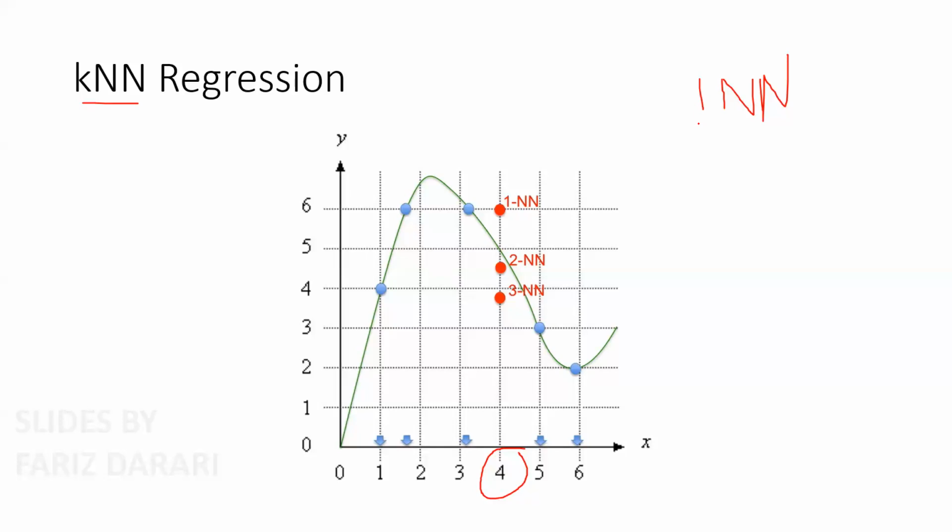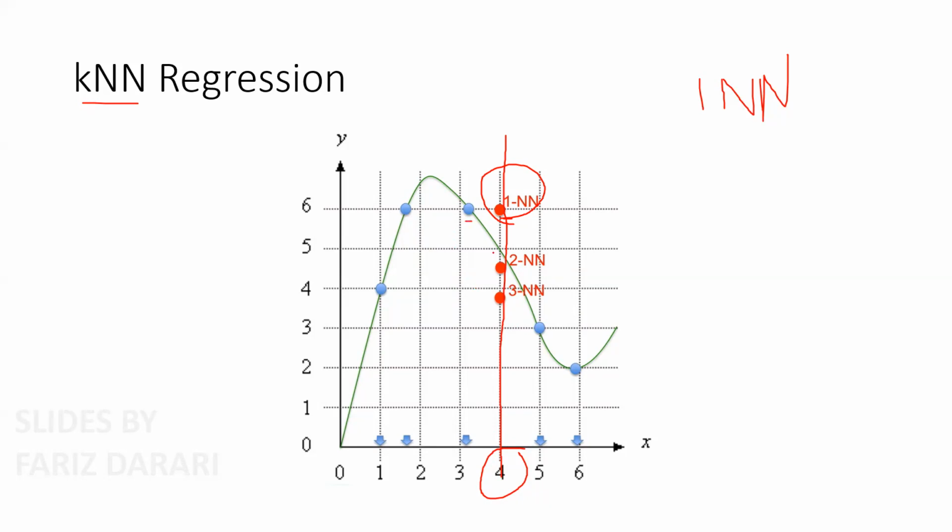Okay. So as shown here, when you pick 1 nearest neighbor, and when your input is 4, the output will be predicted to be here. But why here? So imagine 4 is like this one. When x is 4, it's actually this one. And then you try to look at the other data points.